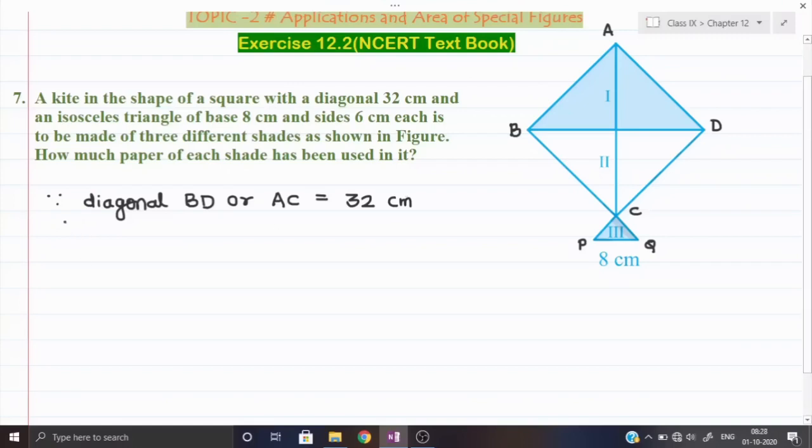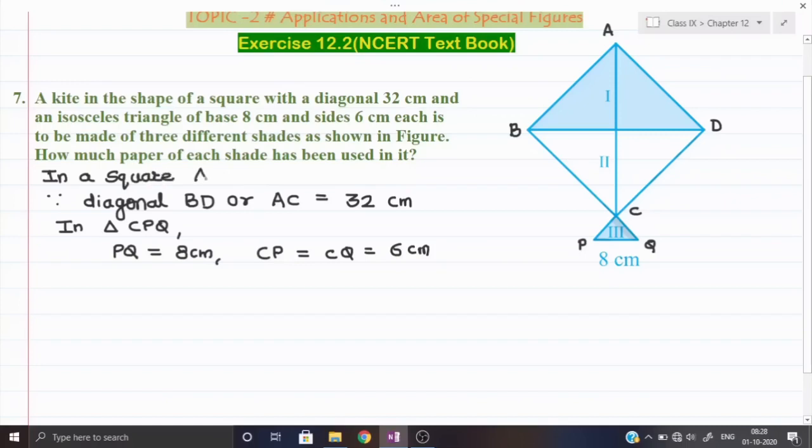So in triangle CPQ, PQ is equal to 8 centimeter, and sides 6 centimeter each, means CP is equal to CQ is equal to 6 centimeter. Here we shall mention in square ABCD also. So these are the given things in the question.